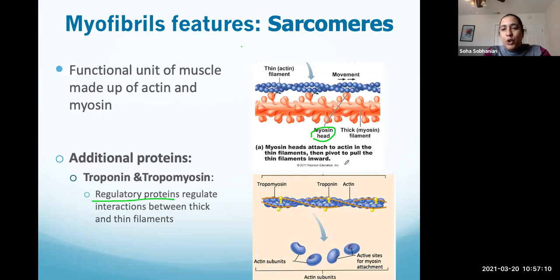It's going to bind to troponin and move it. Remember, in the image that I'm showing you, troponin are these little yellow circles. Next thing that you have is troponin connected to tropomyosin.